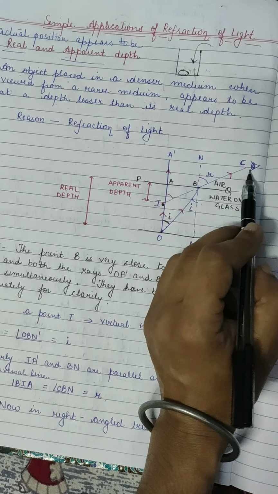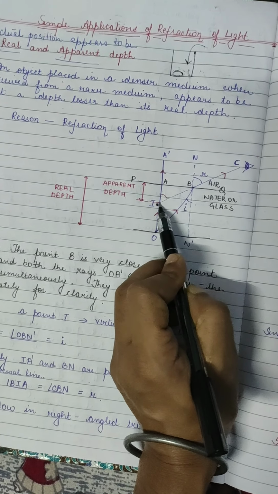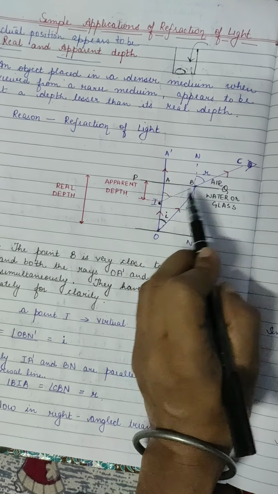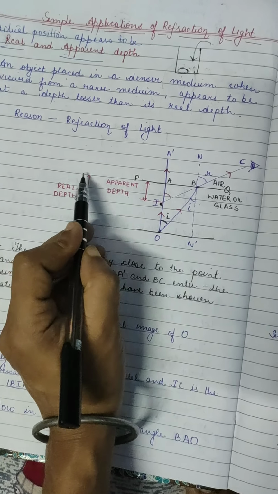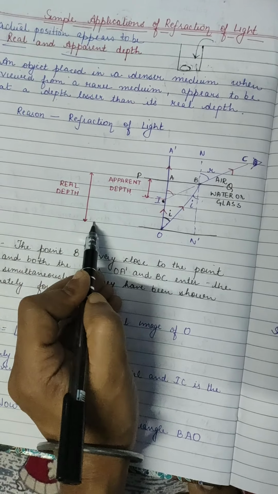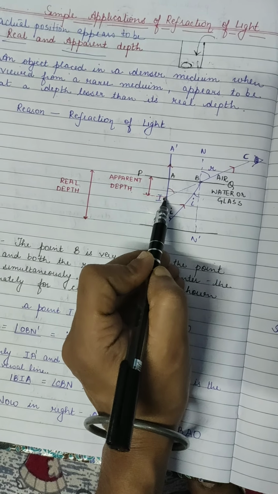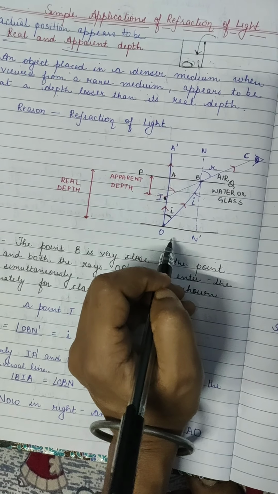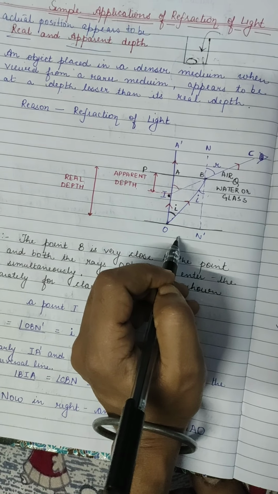But actually we see the object in the form of a straight line. Okay, so that's why the object which is at this point, which is the real depth of that object, appears to us at this point, which is the apparent depth of that object. Clear?